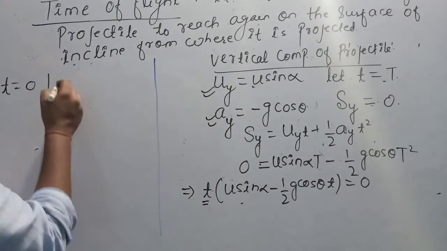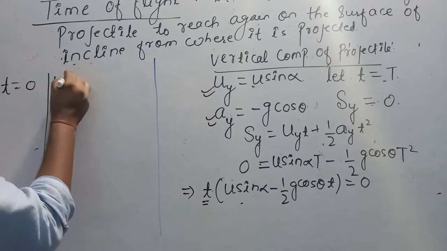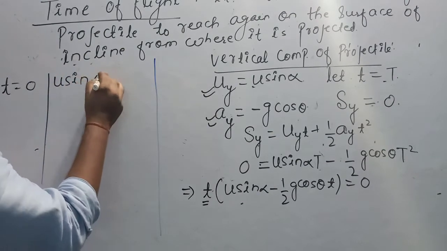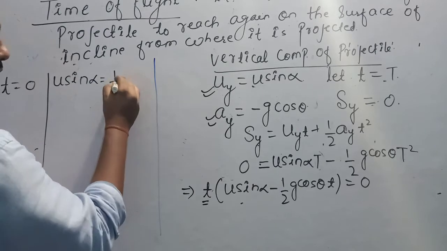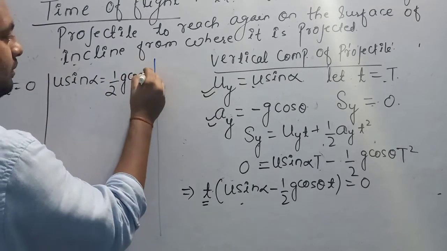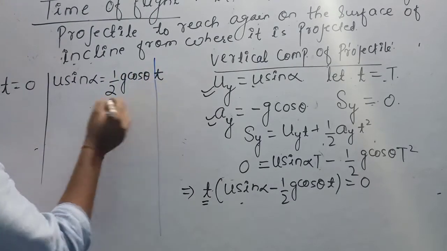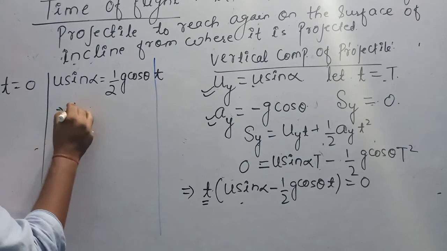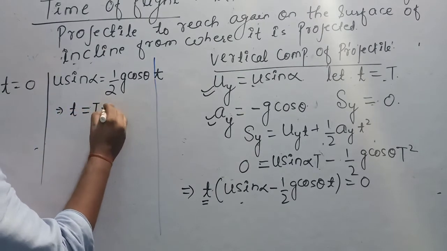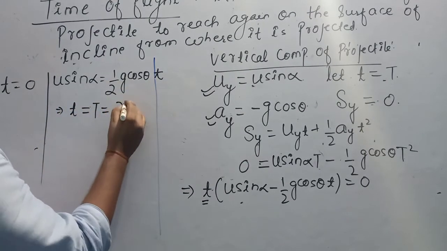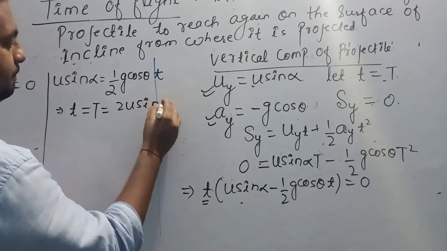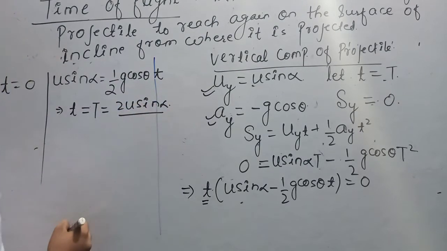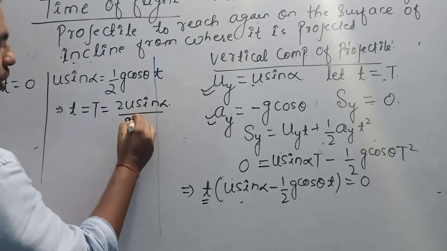If this term is equal to 0, then what will we get? u sin alpha is equal to half g cos theta into t. From here I can get t, that is the time of flight, equal to 2u sin alpha divided by g cos theta.